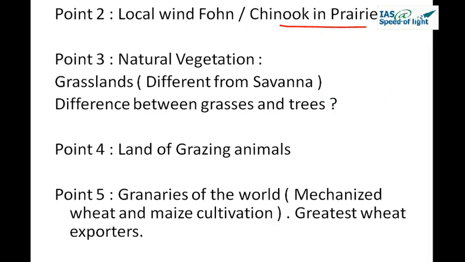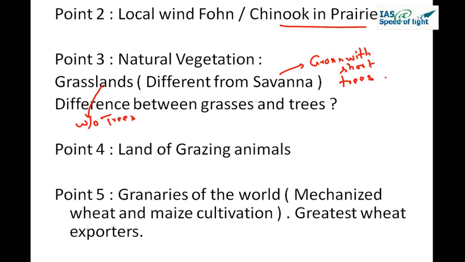Point B, natural vegetation. It's a grassland. We have said it's treeless, so it is different from the savanna, where we had grass with short trees; for the grasslands they are without trees.